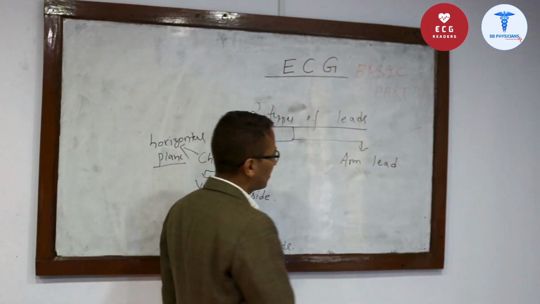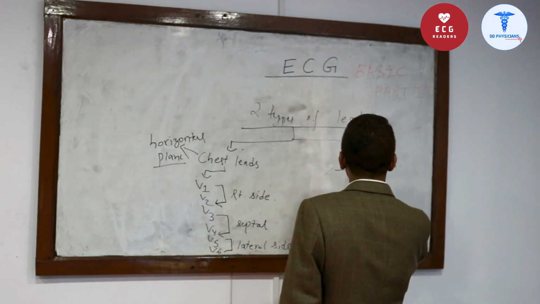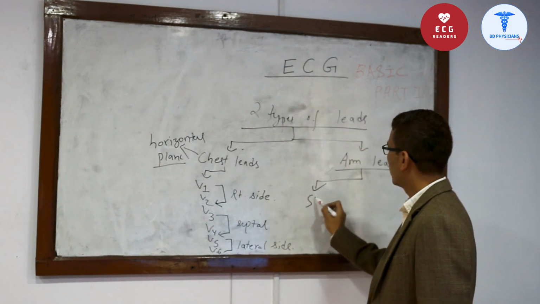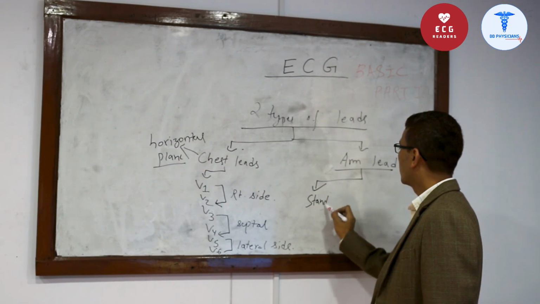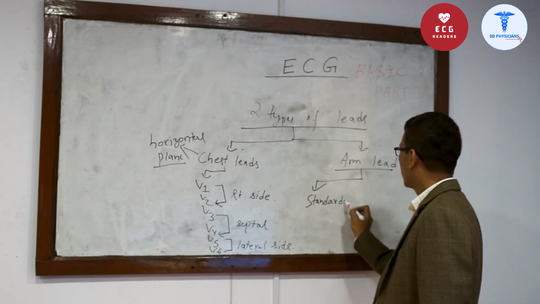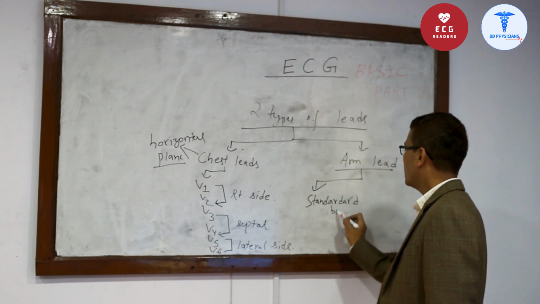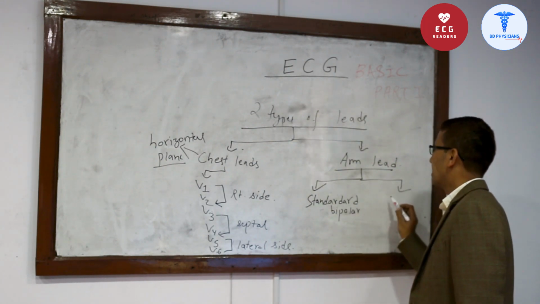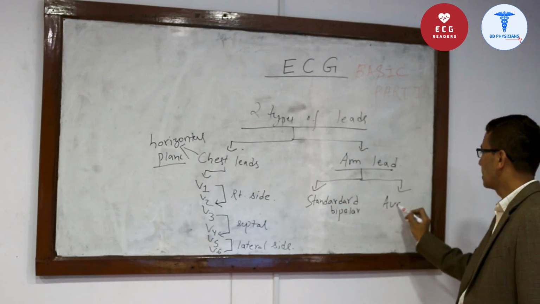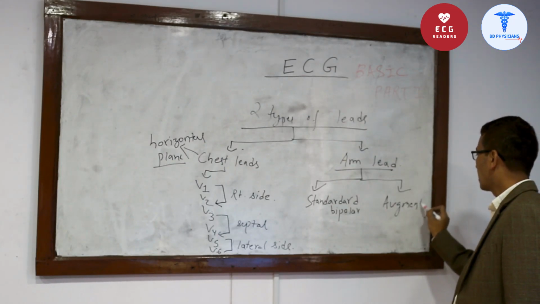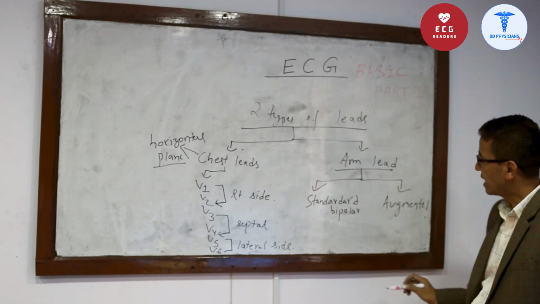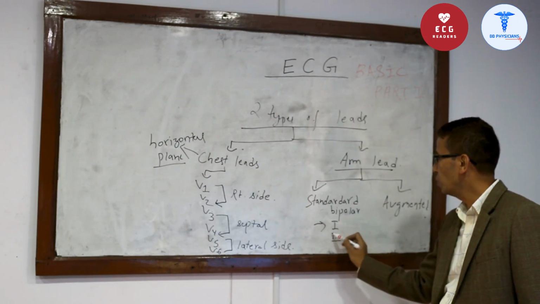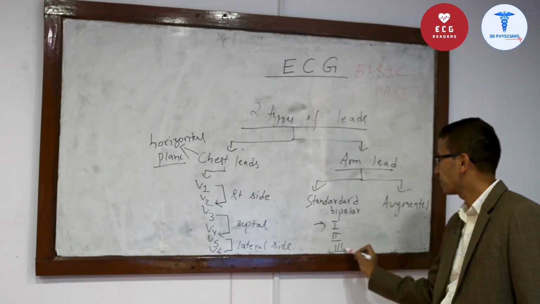And arm leads can again be categorized as standard bipolar leads and augmented leads. Standard bipolar leads are lead 1, lead 2, and lead 3.